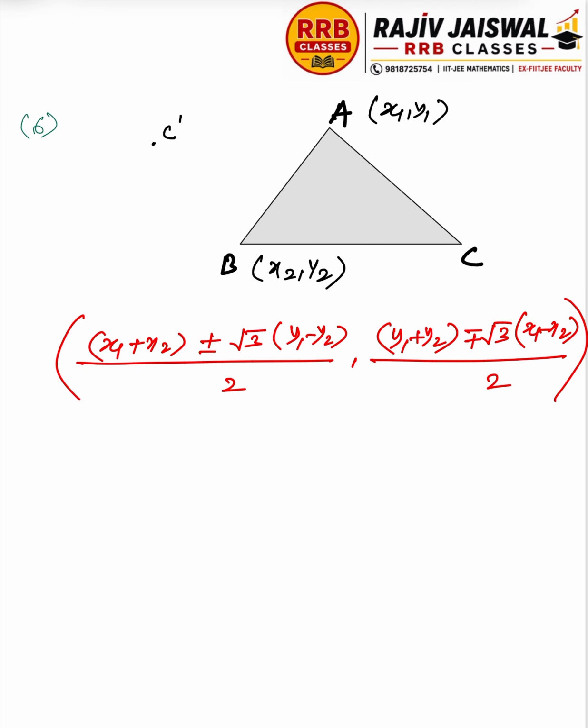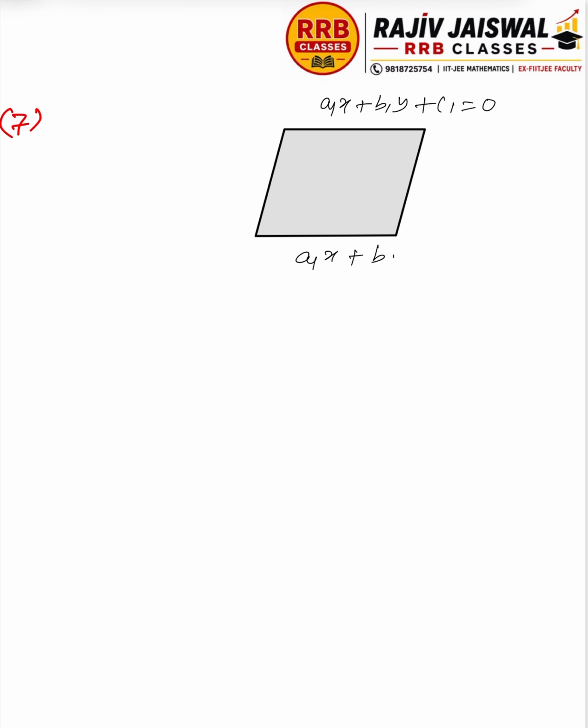Now let's move to the next point, 7th. In this point, the equations of the sides of a parallelogram are known. Suppose this is a parallelogram, and let the equation of one side be a1x plus b1y plus c1 equal to 0, and the opposite side a1x plus b1y plus c2 equal to 0.